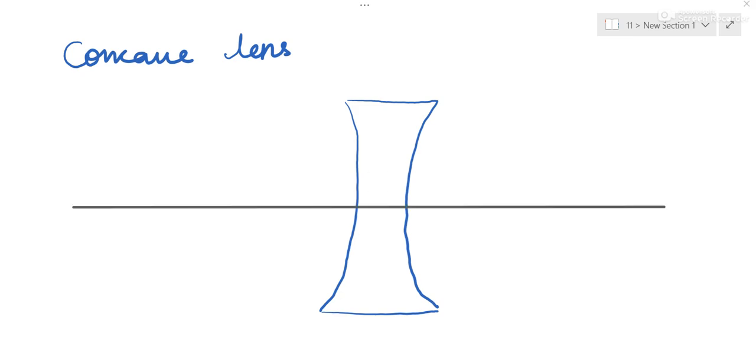For that we will draw a concave lens. This is the principal axis. We can keep the object somewhere. So here is the object.